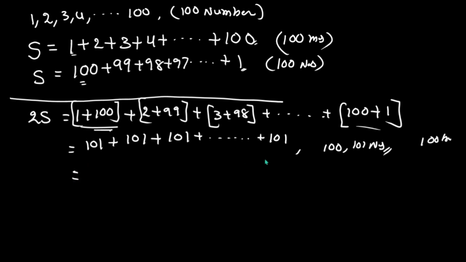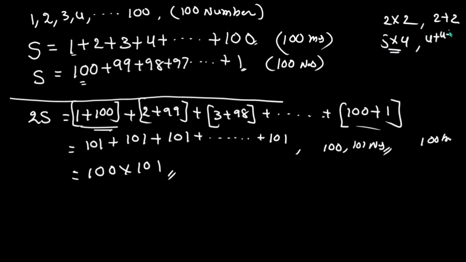So how can you write this? We need to add 101 100 times. I always said times means we need to multiply. Simply, 2 into 2 means you need to add 2, 2 times, that is 2 plus 2. 5 into 4 means you need to add 4, 5 times.